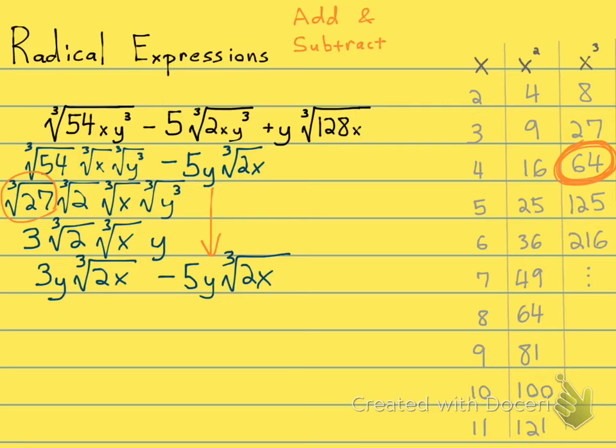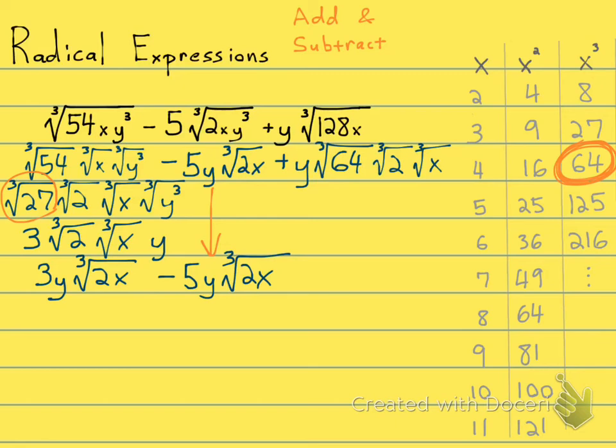So 128 is 64 times 2. So for this term right here, I'm going to drop down the y. Cube root of 128 is going to be cube root of 64 times cube root of 2. And the x is still under the radical. I could split it up, but I don't really need to. These two could just be together.